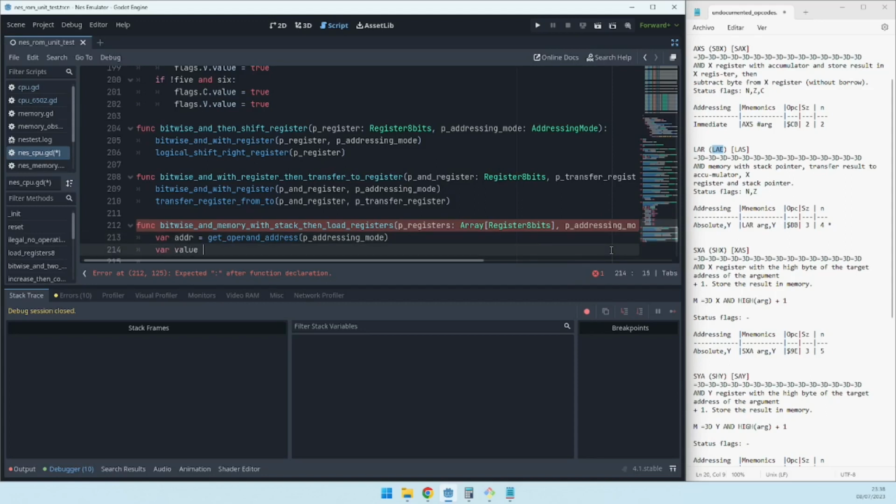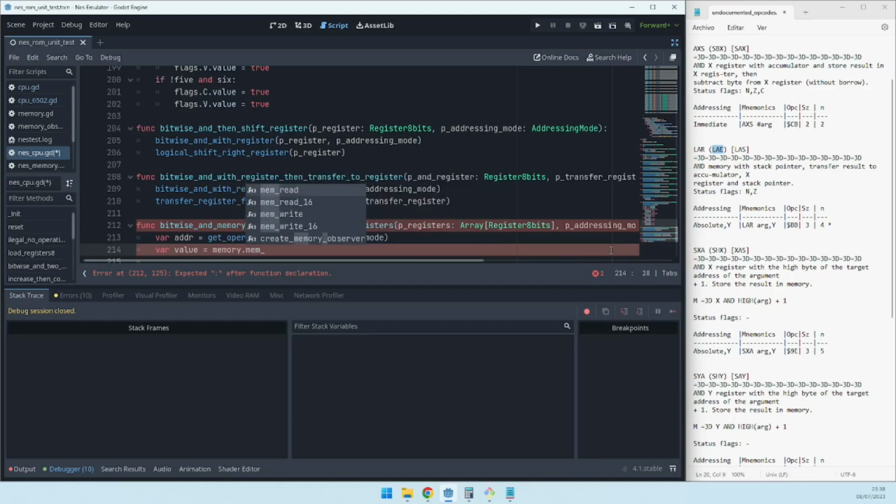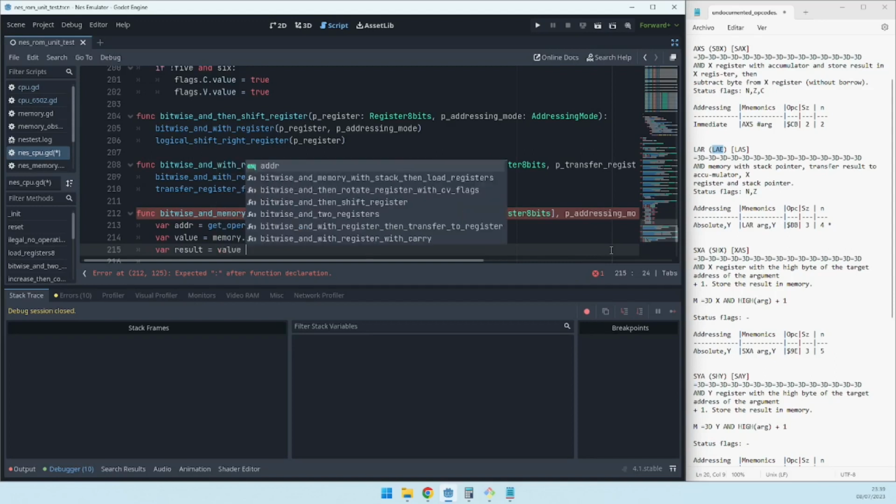Var value equals memread, sorry, memory read address. Var result equals value and stack pointer.